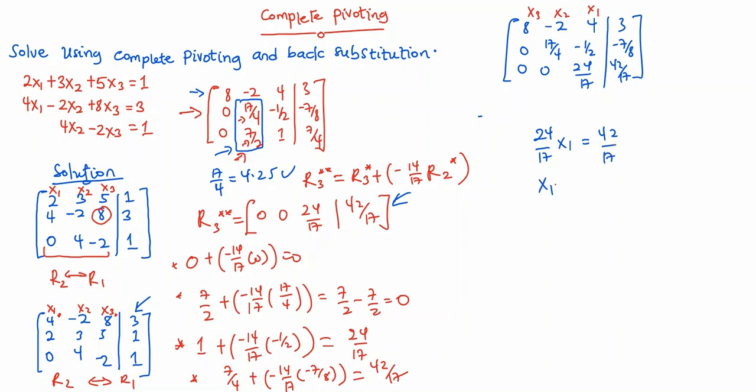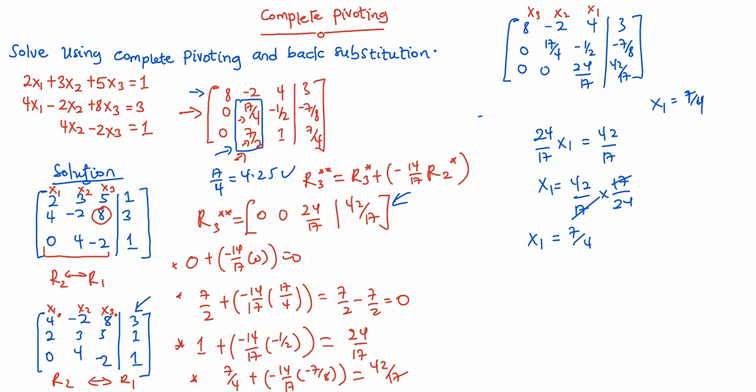So I'm going to have x1 equal to 42 on 17 times 17 on 24. This will cancel out this, and then you're going to have 42 on 24, which also gives us a value of 7 on 4. So I'm going to have x1 equal to 7 on 4.